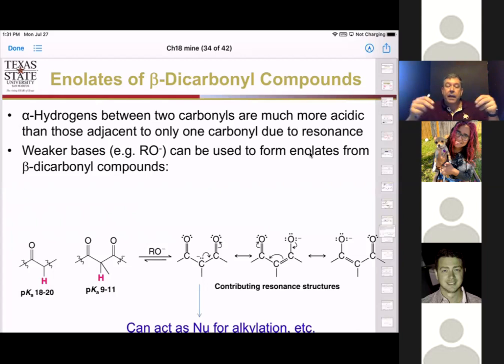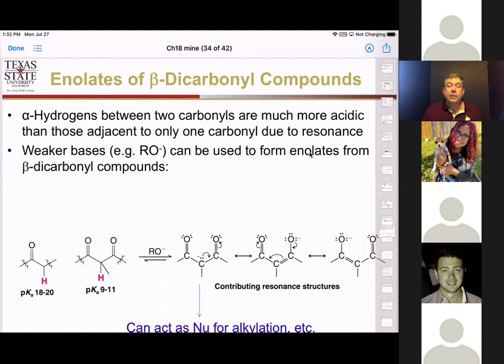Because of the fact that we have these two electron withdrawing groups, both pulling electron density away, that makes those alpha hydrogens particularly acidic, okay? It drops the acidity down so that it can be removed by very, very weak bases, including hydroxides.